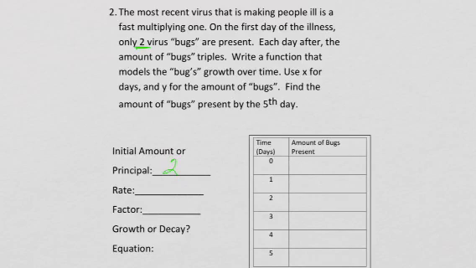Each day after, the amount of bugs triples. So if you triple the amount, that means the amount is increasing by a rate of 3.